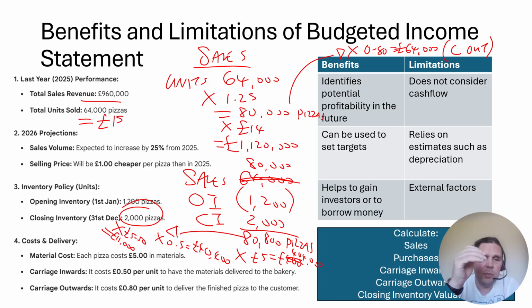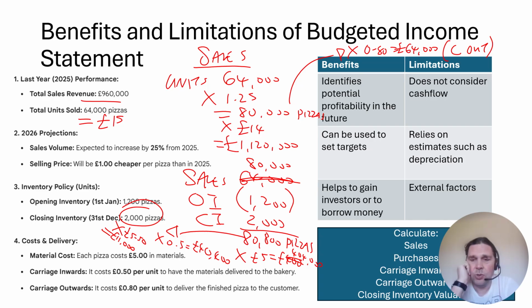Now, they've told you below that material cost is £5. So each pizza costs £5 in materials. So our purchases cost, we will times 80,800 by 5, would be 404,000. We would also have, because it tells you carriage inwards is 50p, 50p times the 80,800.